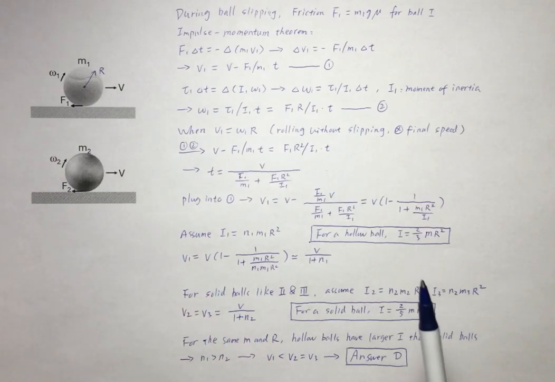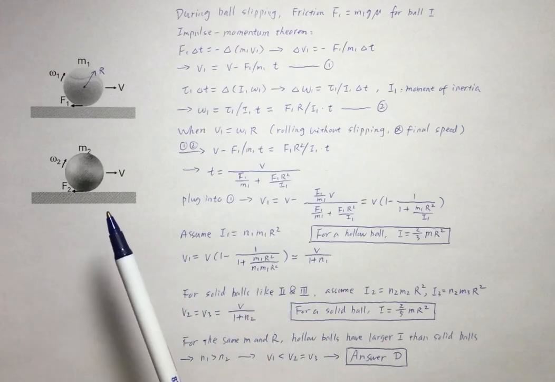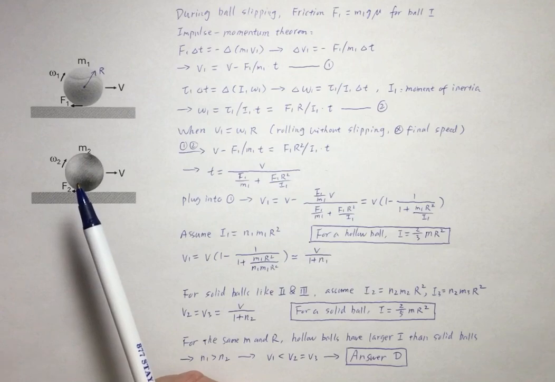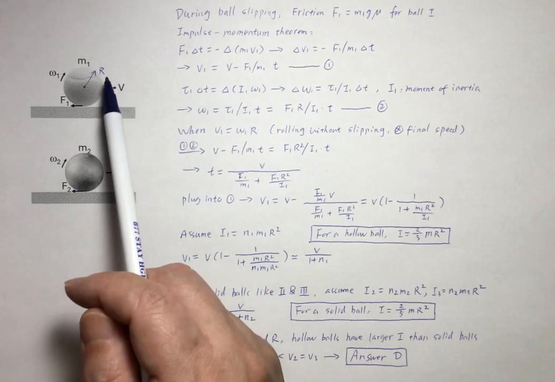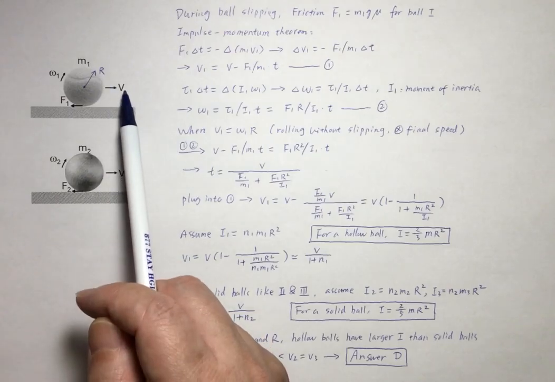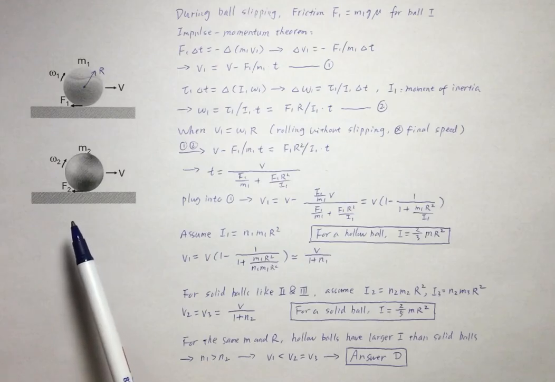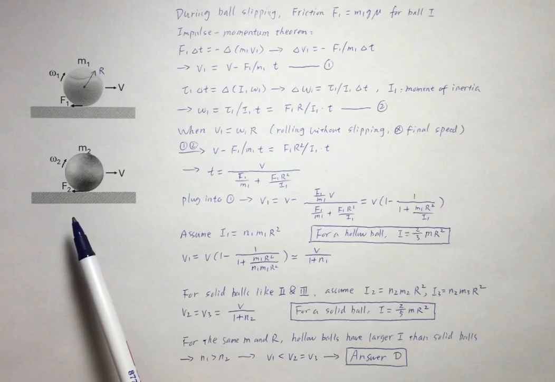We want to find out which ball has the highest final velocity. All three have the same initial velocity v, but we want to find out which ball or which balls will have the highest final velocity.